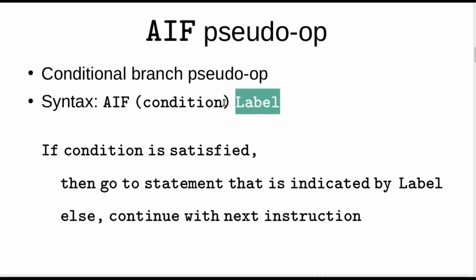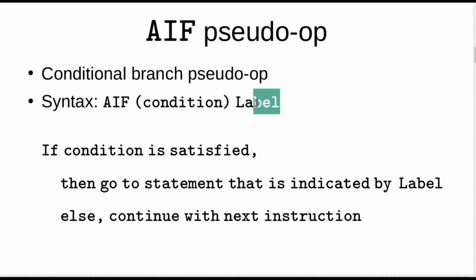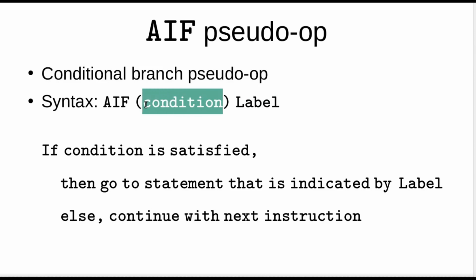If the condition is false in any case, then no jump is required, and the sequence of instructions will be executed as it is.